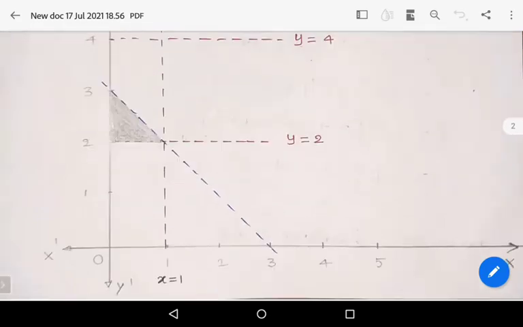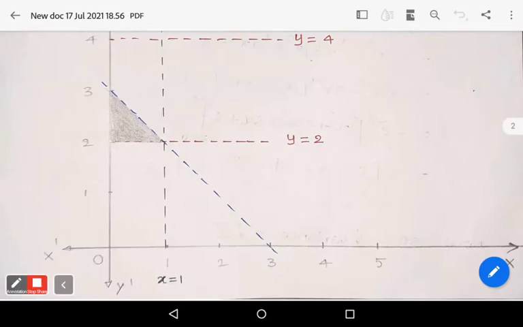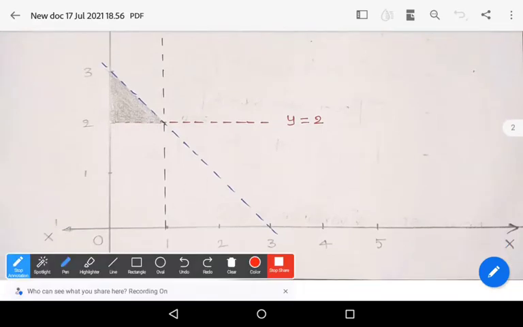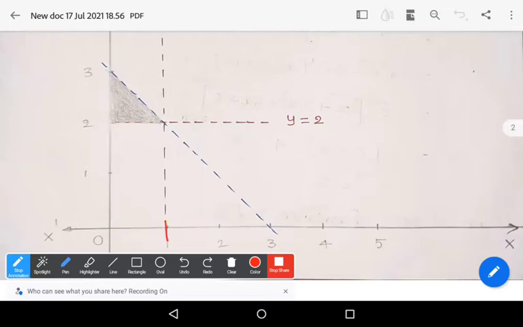So we draw a diagram along the x and y axes. Please observe that. This is the x-axis and this is the y-axis. I take the values 1, 2, 3, 4, 5 here, and also 1, 2, 3, 4, up to 5 here.